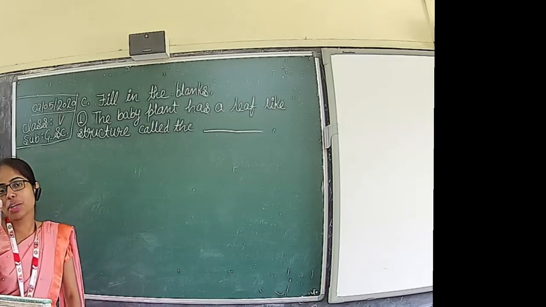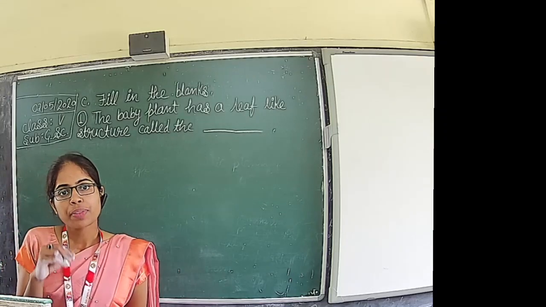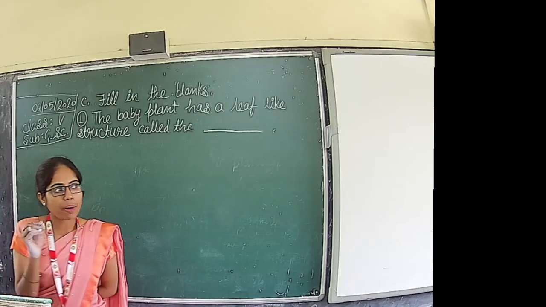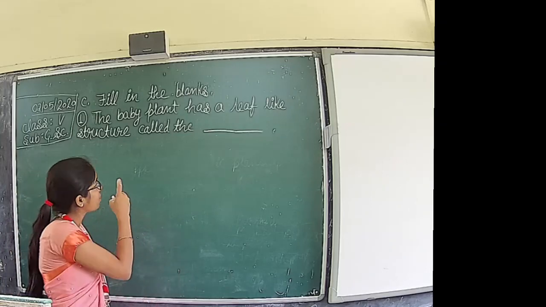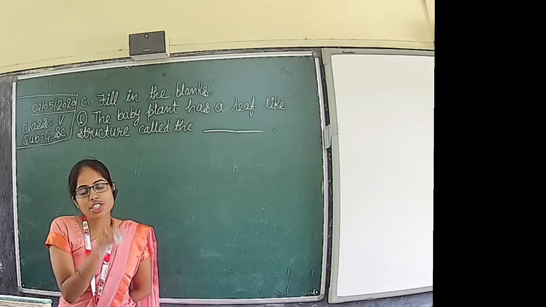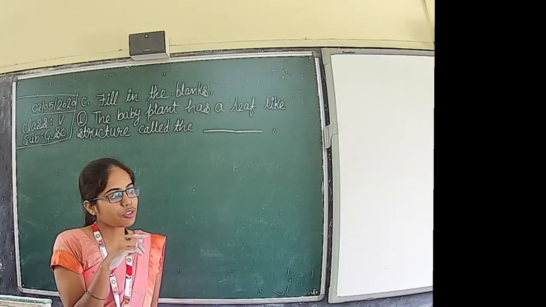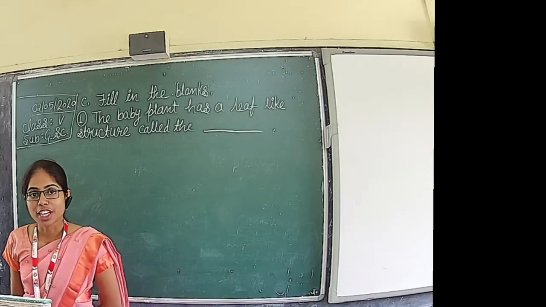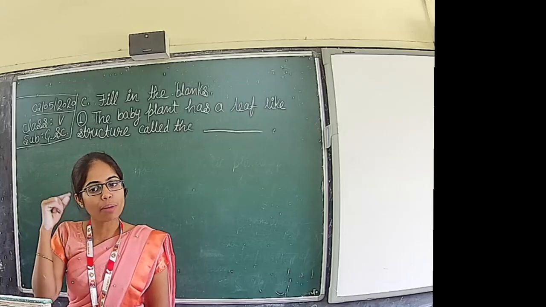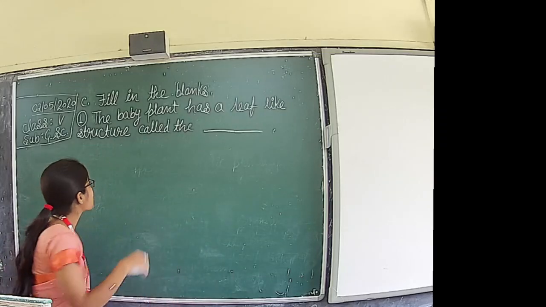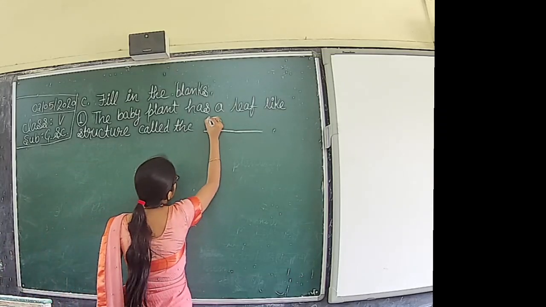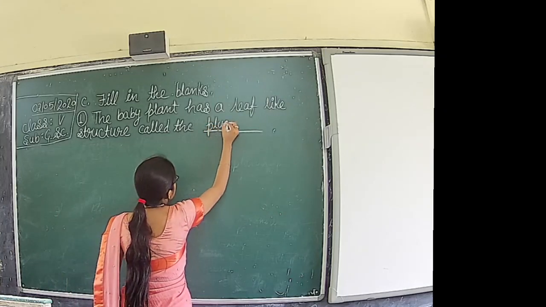When we were studying the structure of seed, we studied the parts of seed, and this particular term which we have to fill has come, I think in the first lecture. Recall in your memory. The answer for this question is plumule or shoot axis.